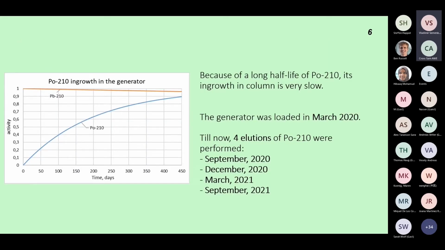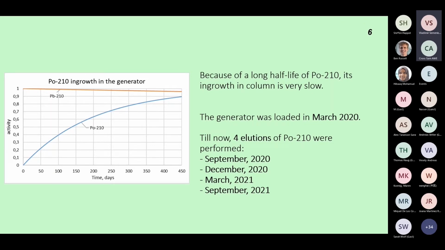Polonium-210 has quite a long half-life, approximately 140 days. Therefore, we should wait quite a long time for ingrowth of polonium, and we loaded the generator in March of last year.